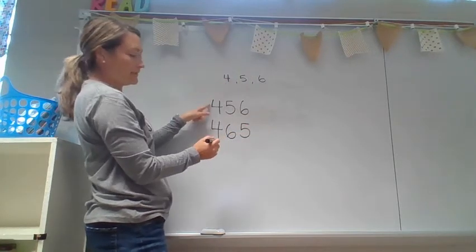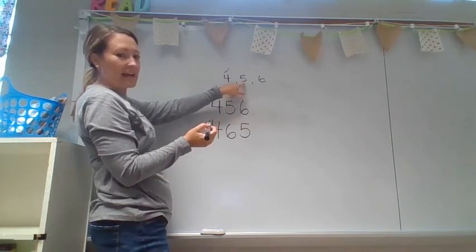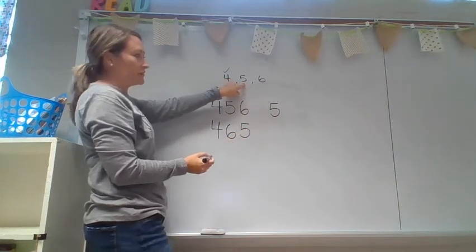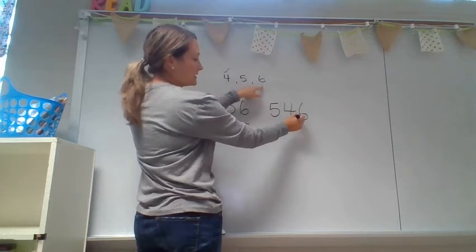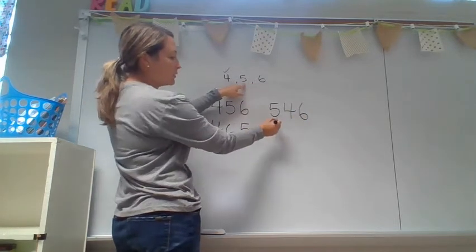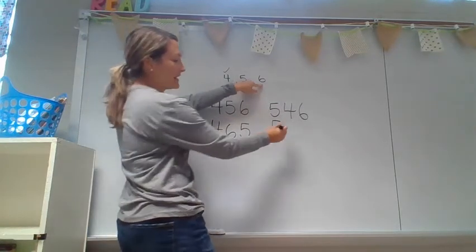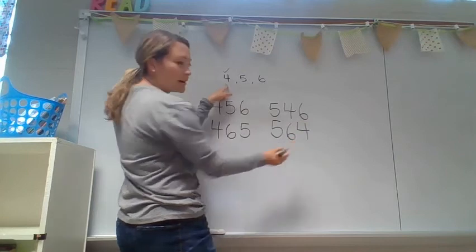All right, so now I did my 4 as the hundreds, so I'm going to put a little check mark. Now let's do my 5 in the hundreds. If I have my 5 in the hundreds, I could have my 4 in the tens, 6 in the ones. Or if I have my 5 in the hundreds, I could have my 6 in the tens and my 4 in the ones.